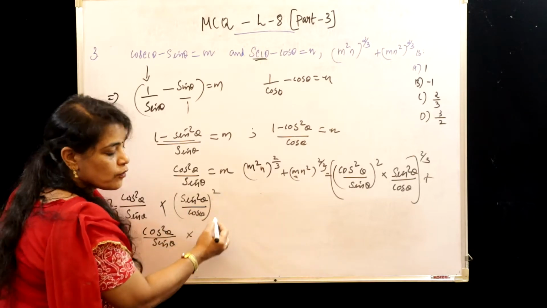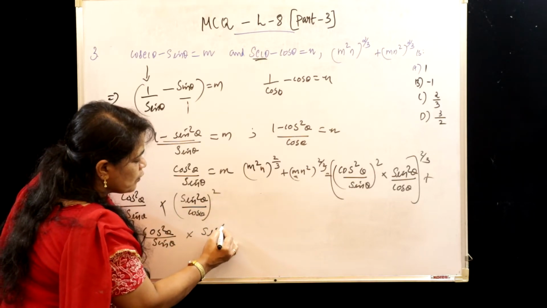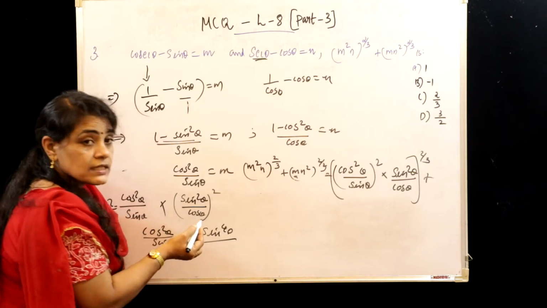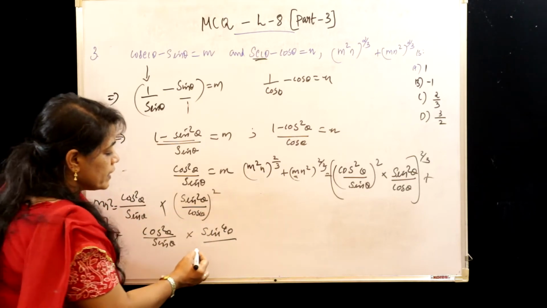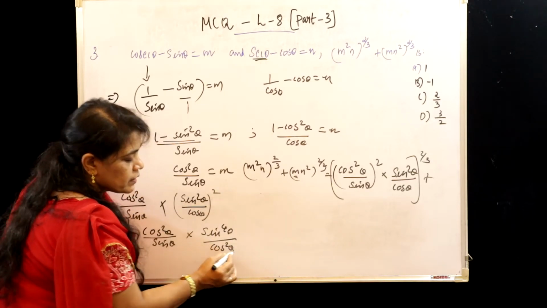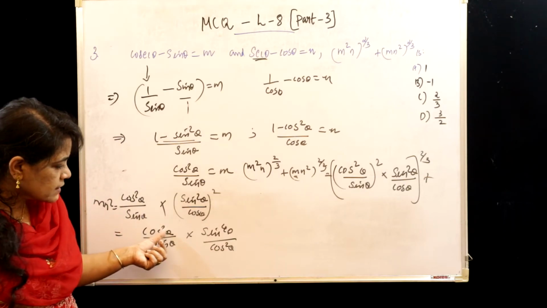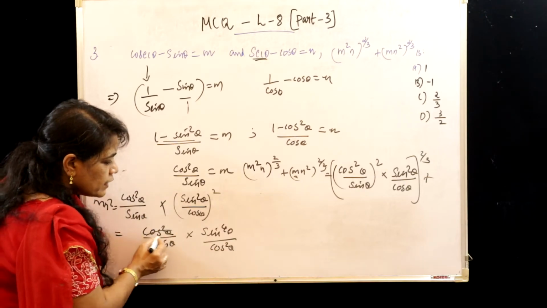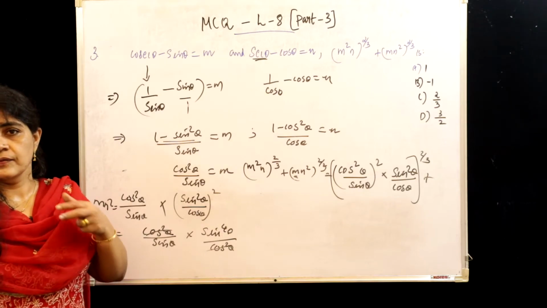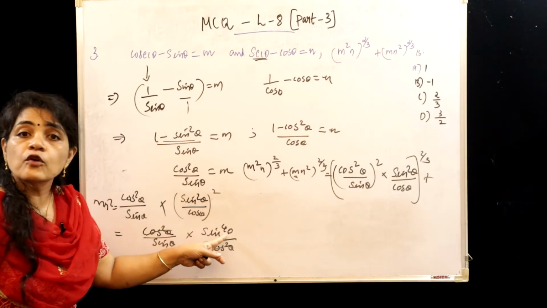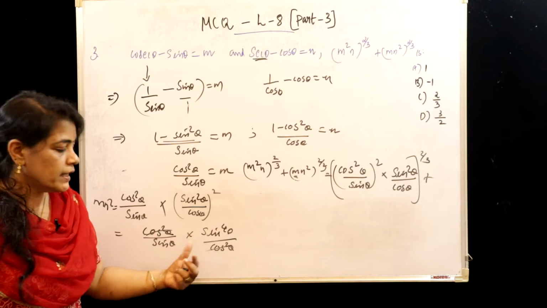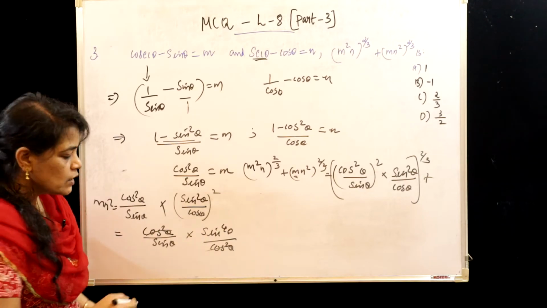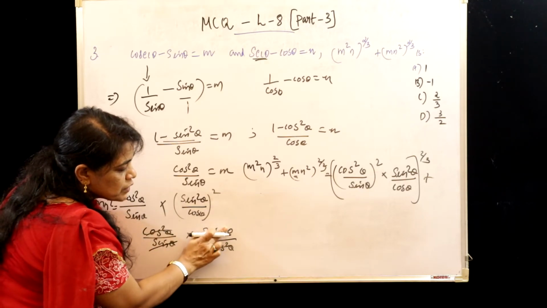So 2 2s are 4. So sin raised to 4 theta by cos square theta. Here, cos square theta and cos square theta get cancelled. Here sin raised to 4 theta, that is 4 sin theta in the numerator and 1 sin theta in the denominator, so the power reduced to 3.